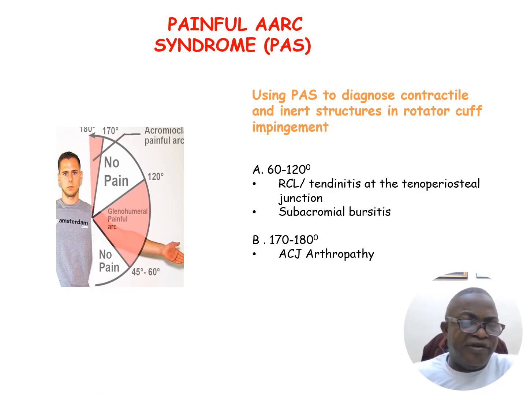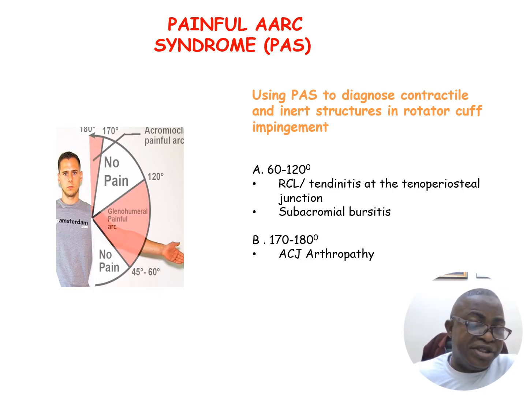So what's the meaning of all this? If you have a patient that demonstrated pain or discomfort between 45 and 120 degrees of abduction, active abduction, because it's active movement, based on Cyriax approach, we suspect contractile structure. So what contractile structure could be responsible for that? We suspect the rotator cuff muscles, because they all have a role to play in carrying out such a movement.